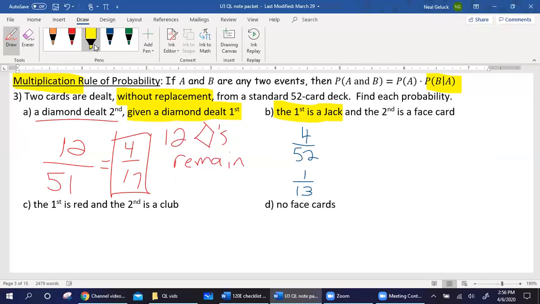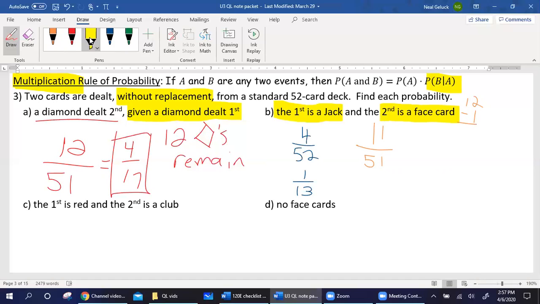The second is a face card. Okay, well, let's think about this. If I already gave you a jack, that is a face card. Normally there's 12 face cards, but if I dealt you a jack, now there's only 11 face cards. And remember, there was no replacement, so there were only 51 cards left in the deck.